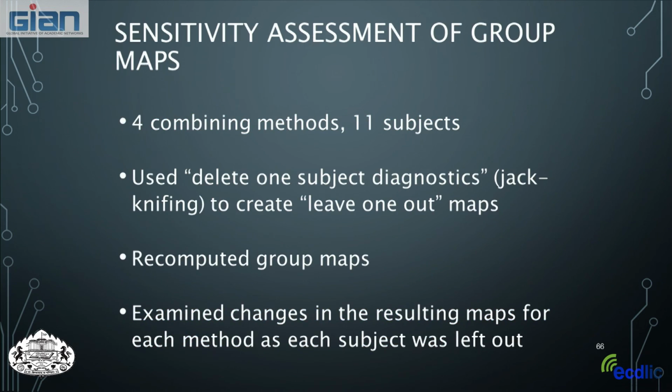So we just briefly did this little experiment where we looked at 4 of these different combining data methods. We took 11 different subjects, and what we did is we made what we called leave-one-out maps. So we recomputed these group maps 11 different times, each time leaving one of the participants out, okay?